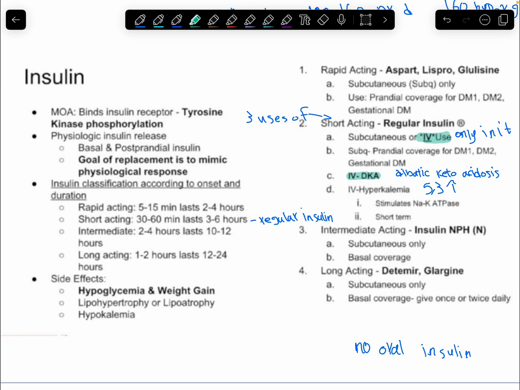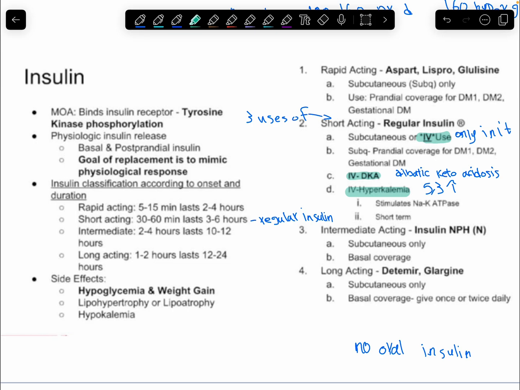First one, diabetes mellitus, type 1, 2 and gestational, subcutaneous. Second one, IV DKA. Third one, IV hyperkalemia. So the question will be: mention 3 uses of regular insulin. Yes, because all the others are not used in hyperkalemia and diabetic ketoacidosis. Both of them are medical emergencies.